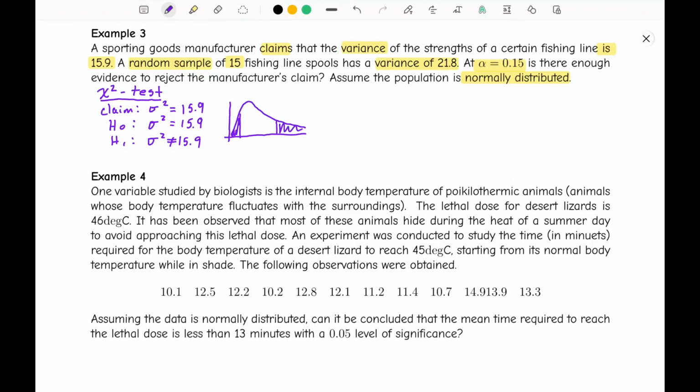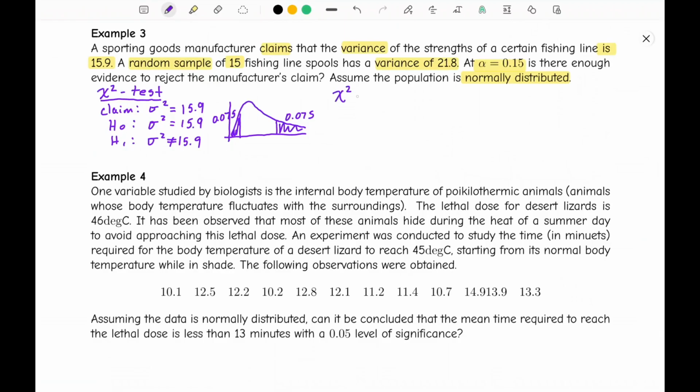Because of that, we get 0.075 here and 0.075 here, in both tails.